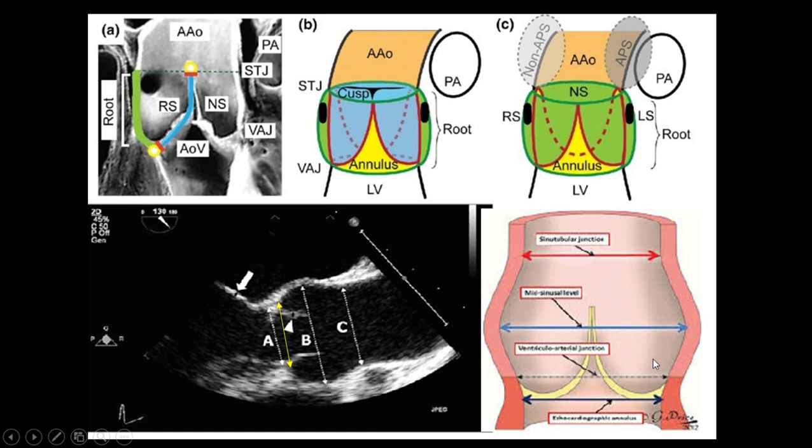If we measure the aortic side of the hinge to hinge, inner to inner, we are measuring the surgical aortic annulus diameter. If we measure the ventricular side of the hinge to hinge, inner to inner, we are measuring the echocardiographic aortic annulus diameter.